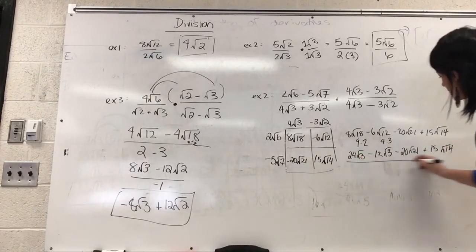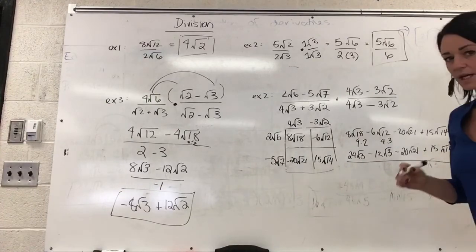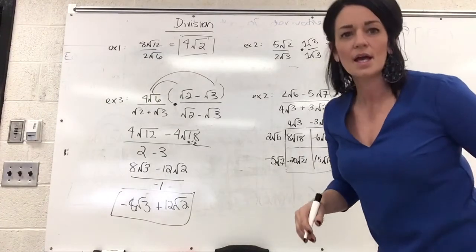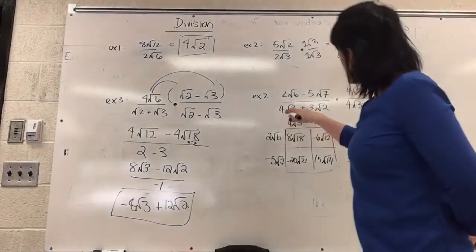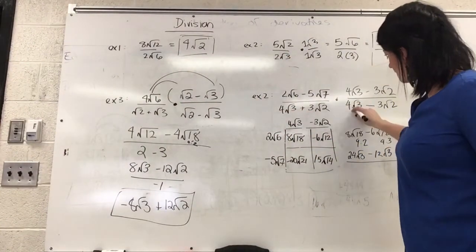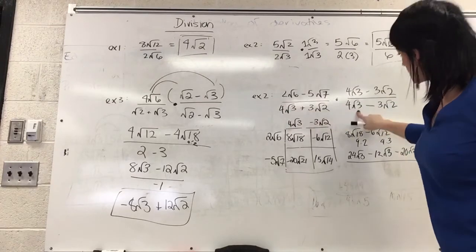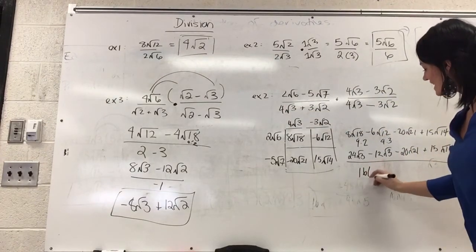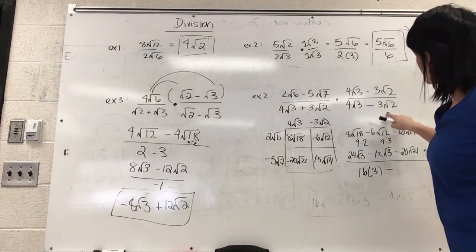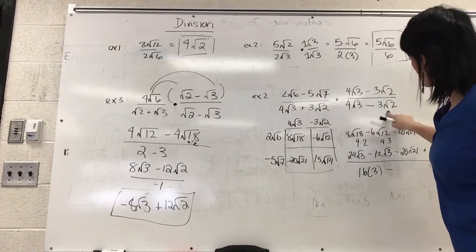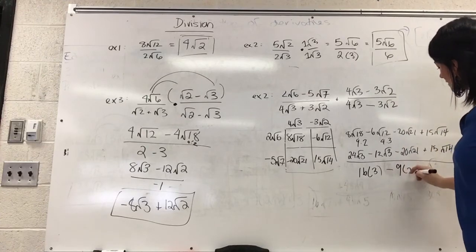Okay, now let's deal with the denominator. So remember that I'm multiplying conjugates. How conjugates multiply is it's the first term multiplied by the first term. So 4 root 3 times 4 root 3 is 16 times 3. Okay, and then I multiply this term by this term. So 3 root 2 times 3 root 2 is 9 times 2.